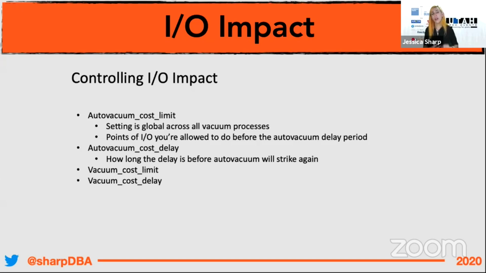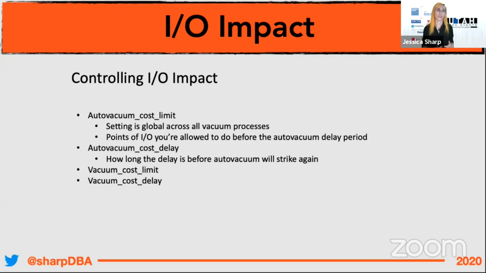The cost delay, let's put it this way. If you have reason to be concerned, and especially if you can, do your homework, prove it before you adjust this. This is how much to throttle the auto vacuum.